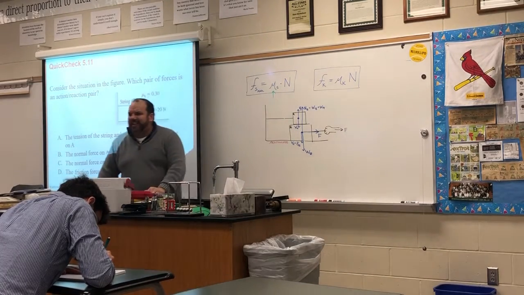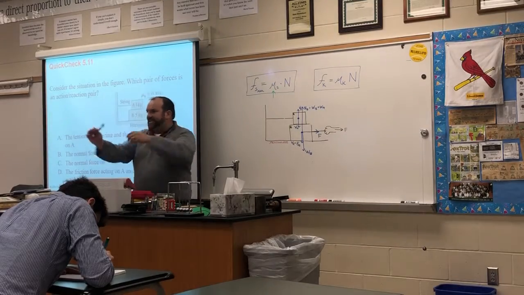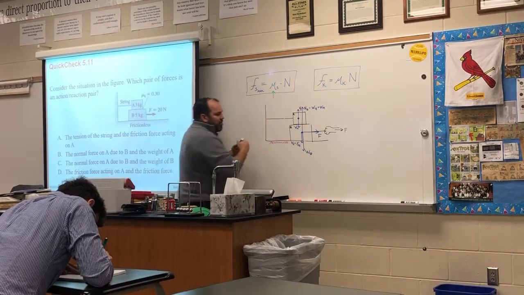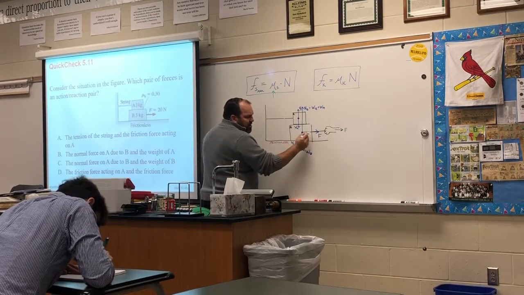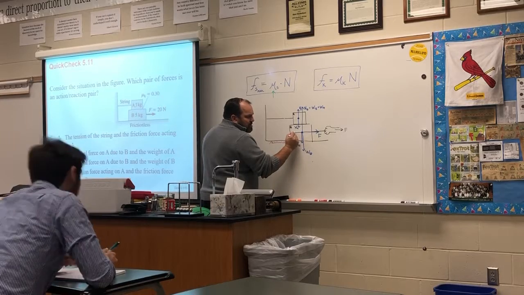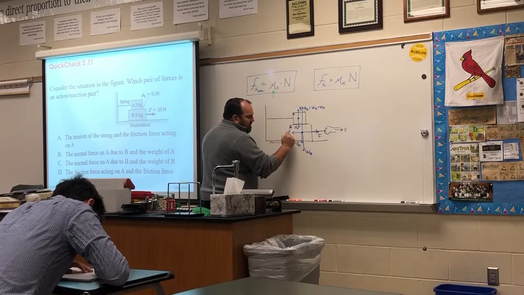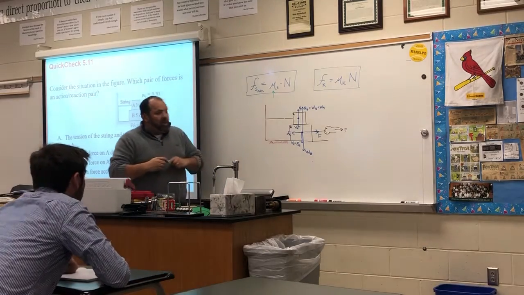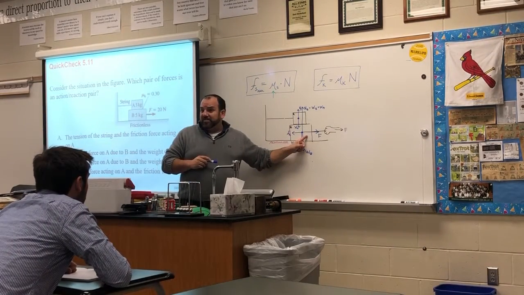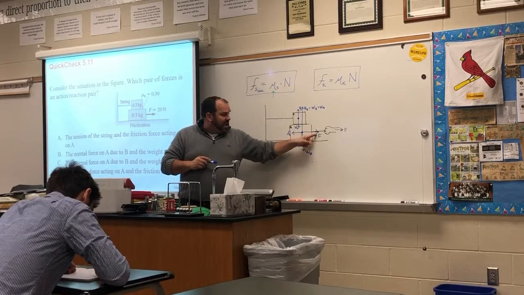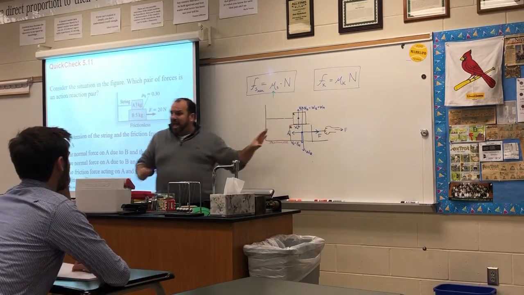Which way do you think that acts? That way. Everybody sees that, right? It's back the other way. And is it bigger or smaller than this? Smaller. We'll make it about like that. That's F_k, kinetic friction. We know it's smaller because what's this block doing? Accelerating to the right. So this F is bigger than F_k. So we've got that block done.